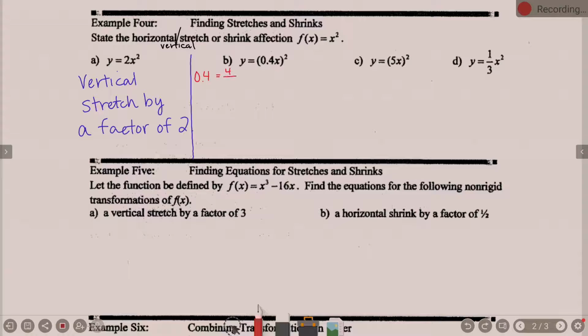And 4 tenths reduces to 2 fifths. So with that in mind, do you agree we could rewrite this as y equals 2 fifths x quantity squared? I haven't changed anything, have I? I've changed the decimal to a fraction form, but it's still equivalent.